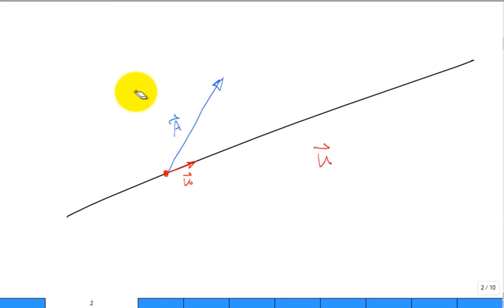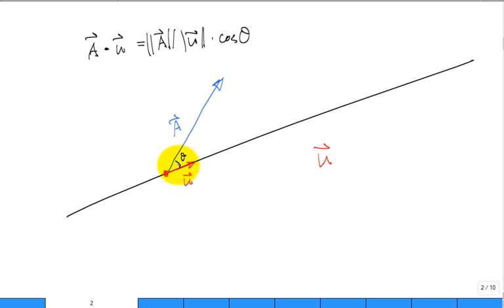And now, if I say I want to do A dot U, that will be the magnitude of A, true or false, times the magnitude of U, times the cosine of the angle theta between them. True or false? It's all good, right? Is this the angle theta?